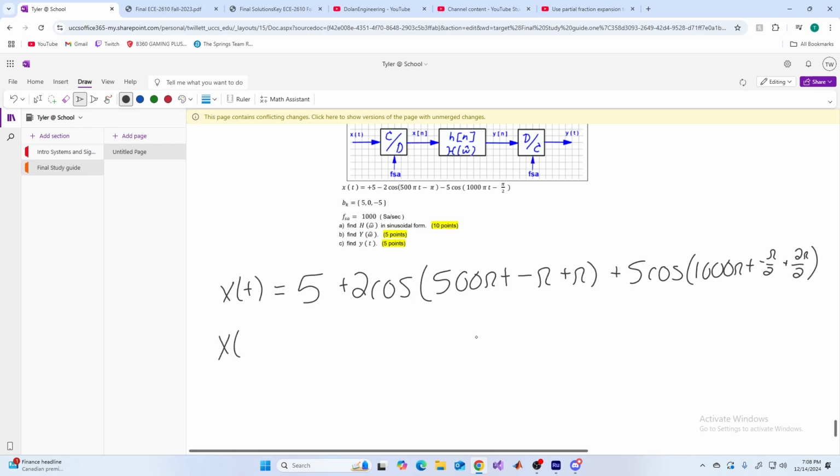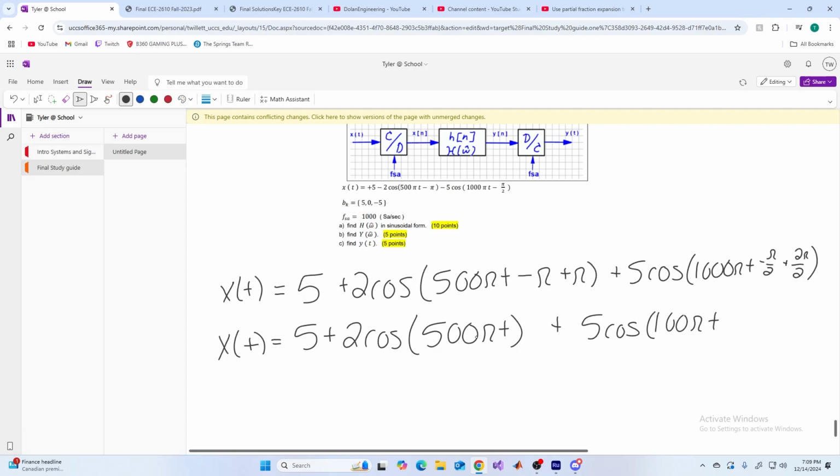So let me go ahead and write this one more time. x of t equals 5 plus 2 cosine 500 pi t plus 5 cosine 1000 pi t plus pi divided by 2. Now we'll just divide by our sample frequency.